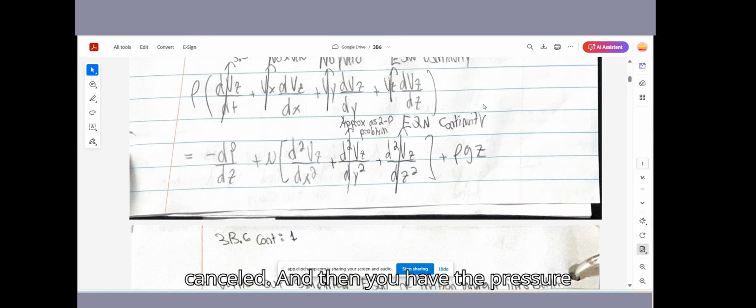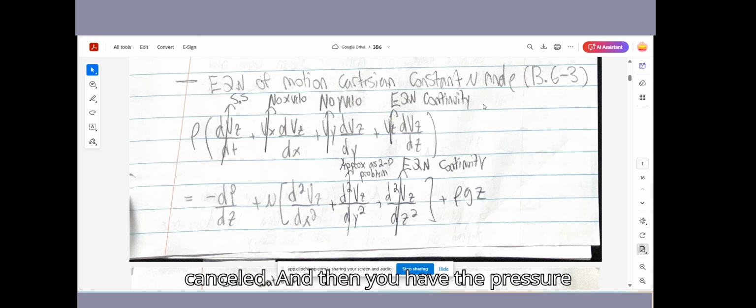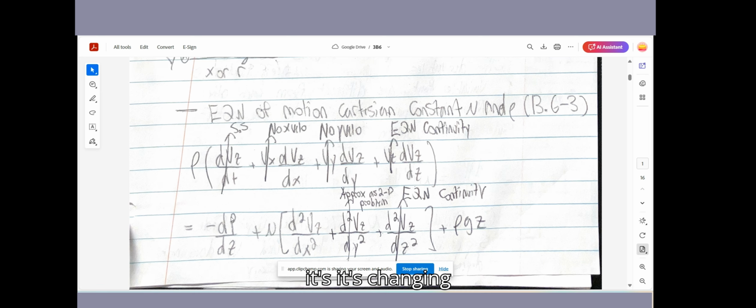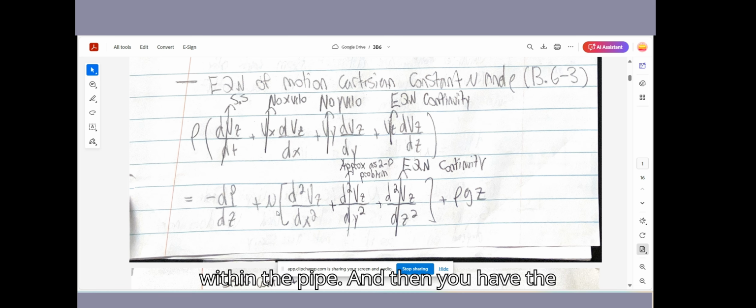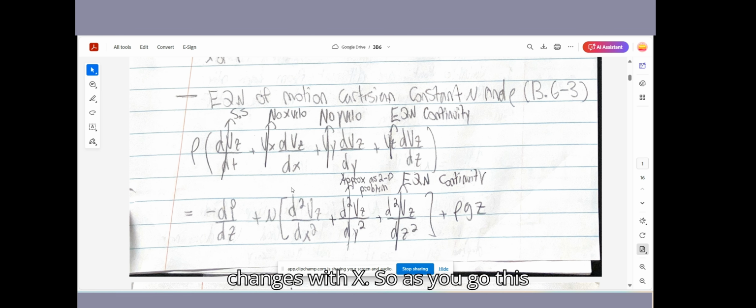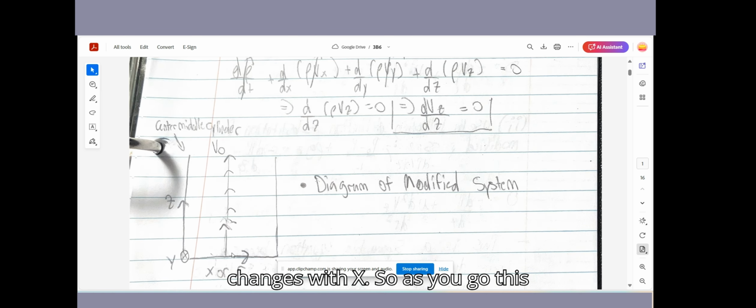Then the pressure term is still there because the air is contained in a pipe, so it's changing within the pipe. Then you have the dvz/dx term, which says that the z velocity changes with x. As you go in this direction, the velocity is changing, because the velocity here is 0 and the velocity here is v0.